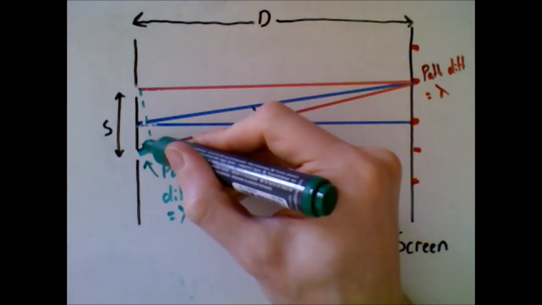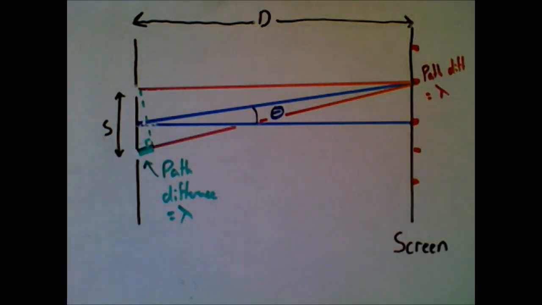Now, I've got a right angle in here, and this is where we have to use some approximations. This is where I come back to those approximations about small angles that we mentioned right at the start of the last video. I've got my angle theta here.